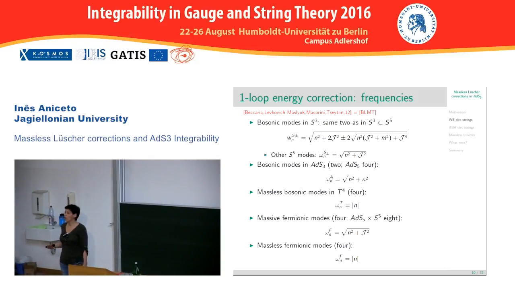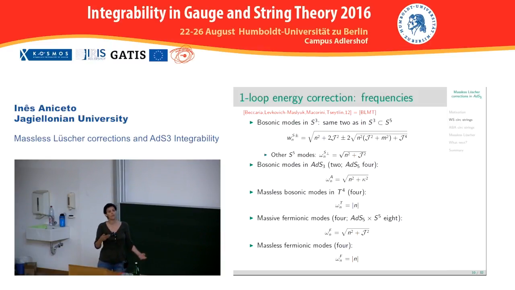What do you have new now? In terms of bosonic modes, instead of having extra massive modes like we had in ADS5, we now have 4 massless bosonic modes, which correspond to the T4 directions. And then we have all the superpartners. We have the massive fermionic modes, which are 4 now, instead of the ADS5 cross S5, 8.